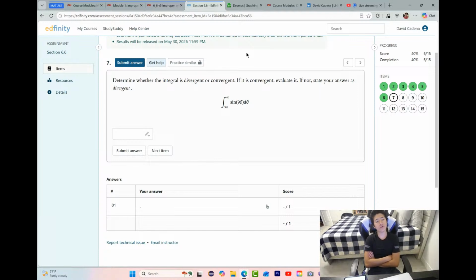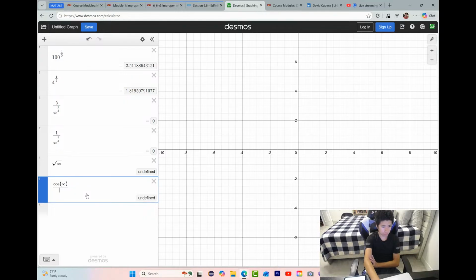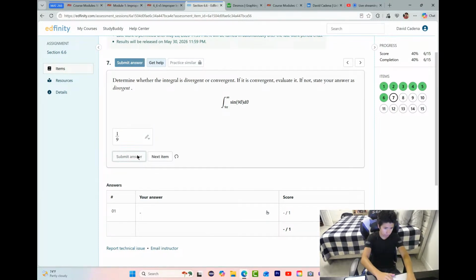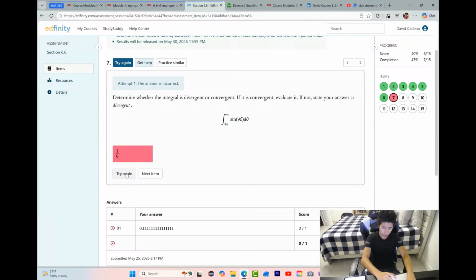Still, it's undefined, but what does that mean? Is it undefined because it's too high or too low? All right, well, undefined, so I believe it's this then. Gotcha.